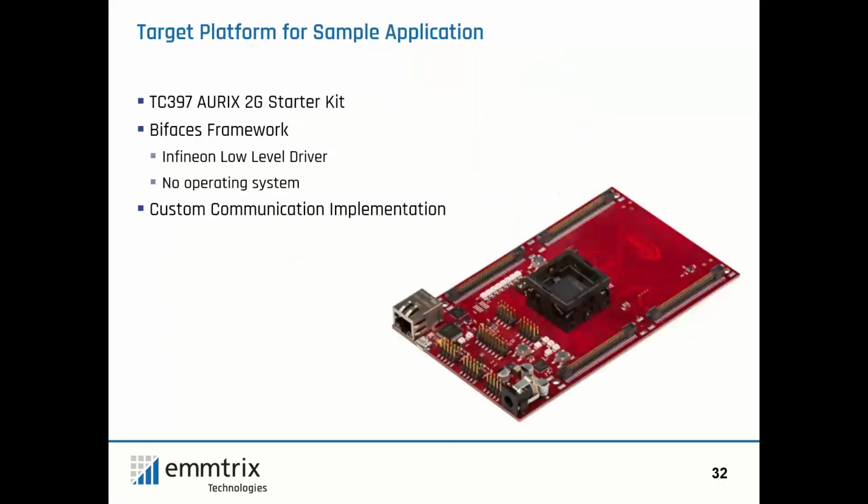The target platform we used for the sample application is a TC397 or AURIX 2G starter kit using the bare metal framework with the Infineon low-level driver, no operating system. So this is pretty bare metal, and a custom communication implementation. But you may also specify in the target platform different operating systems like Linux, or if you use AUTOSAR, this is all possible.